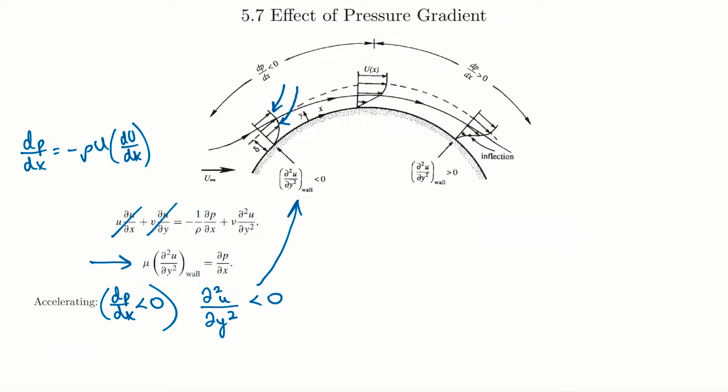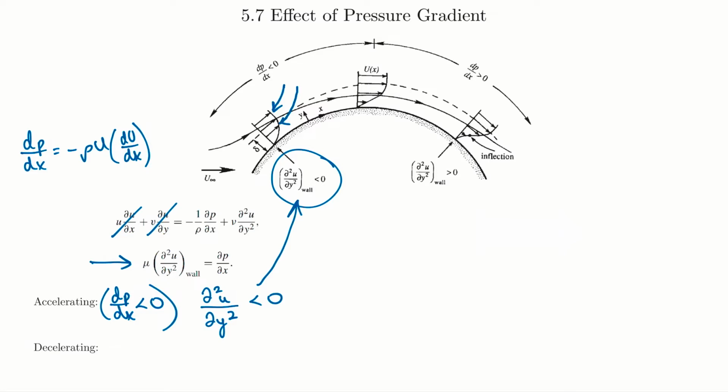So at the boundary layer edge, the second derivative is negative, because the slope du/dy went from positive to 0 as we increased in the y direction. And our equation shows that it's also less than 0 at the wall. So it's negative at the boundary layer edge, negative at the wall, so it's presumably negative the whole way through the boundary layer.